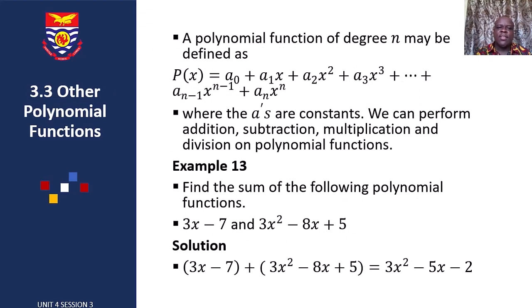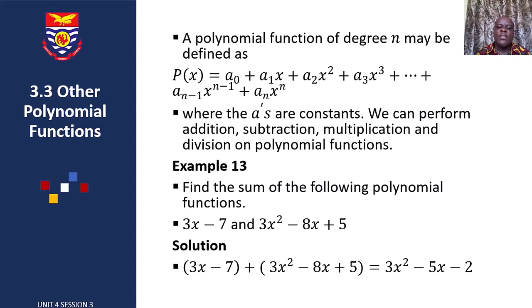Let's look at them. A polynomial function may differ in terms of the degree, and the degree is the highest exponent of the function. So a general polynomial function of degree n is defined as p of x is equal to a subscript 0 plus a1 x plus a2 x squared plus a3 x cubed, and it continues till you get to the last one, which is a n x to the n.